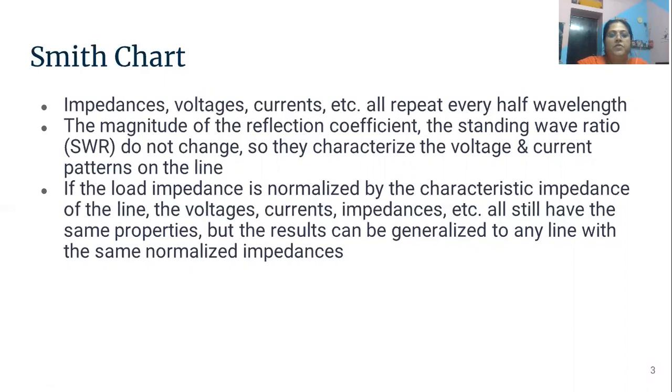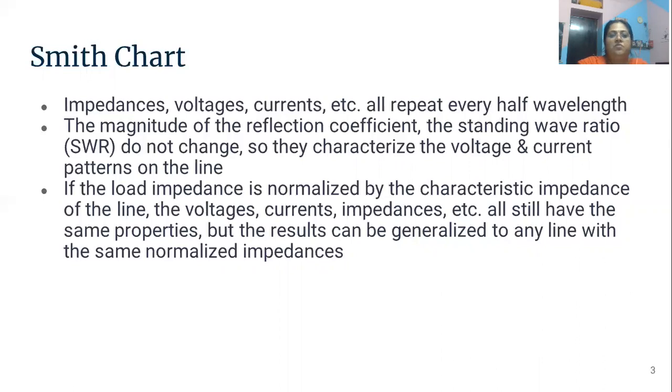Now the magnitude of the reflection coefficient and the standing wave ratio, known as SWR, do not change. So they categorize the voltage and current patterns on the line. The standing wave ratio is a ratio of the incident voltage and the reflected voltage.